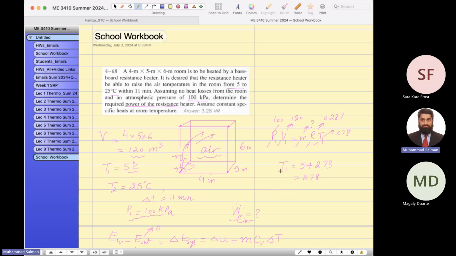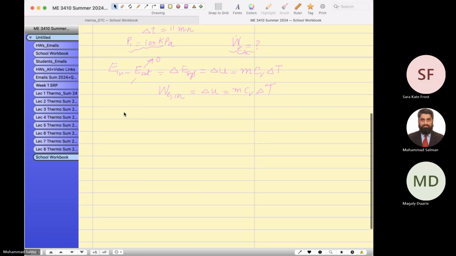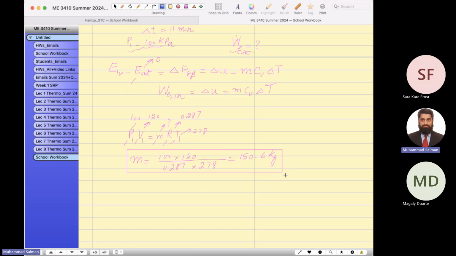Now if you do the math here, I want to find the mass. So if you open your calculators, 100 times 120 divided by 0.287 times 278. If you solve this, do you get 150.6 kilograms? You can verify and help your professor check whether you get the same value of mass.